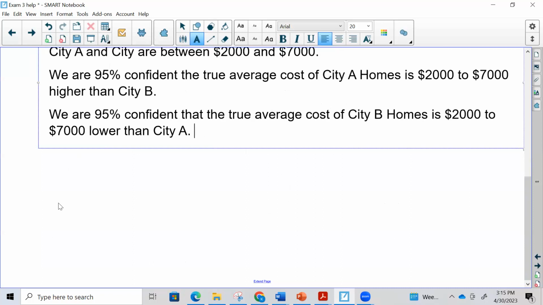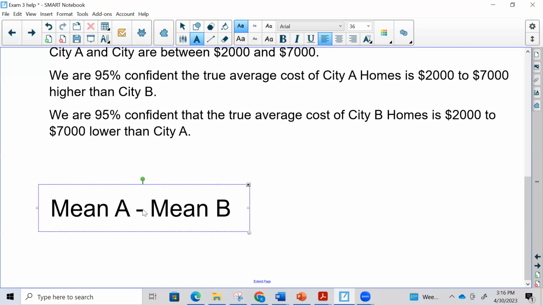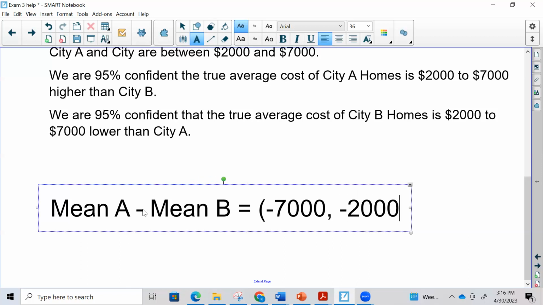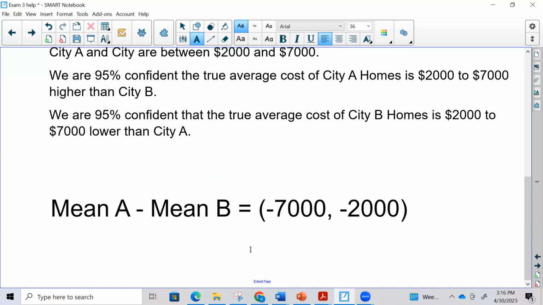Now, sometimes they'll put the interval as negative. So let's say instead I had this interval. If the difference is negative, that means the average of B is bigger than A, because when we subtract and get a negative number, the second number is bigger.